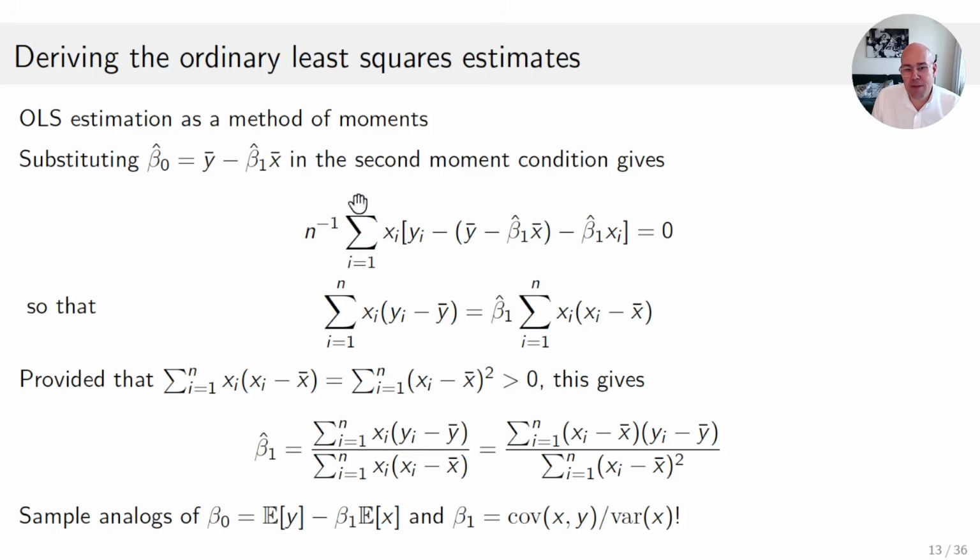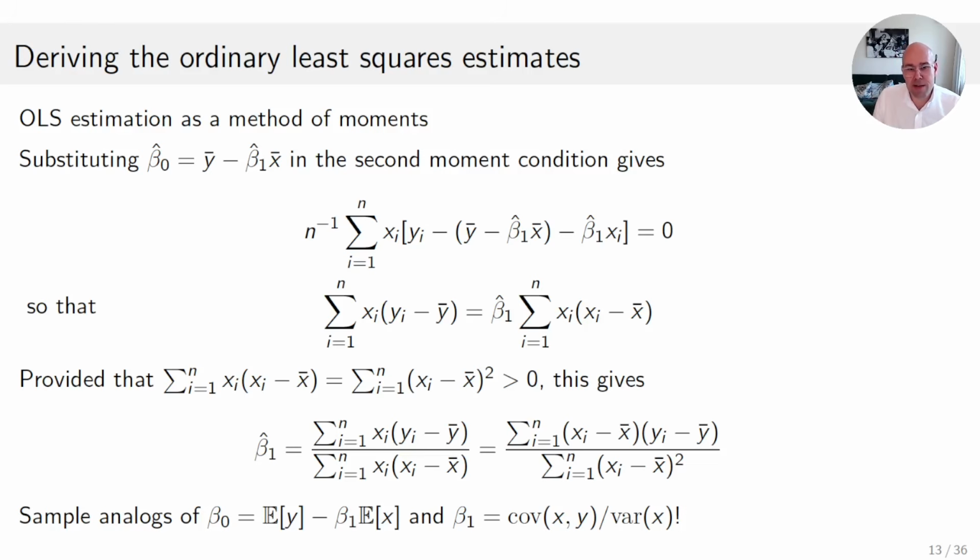So the average of that thing has to be equal to 0. That comes from my moment condition. So I can just reorder things. But before we do that, what you see here is, of course, that the beta naught hat has disappeared. So I have now one equation in one unknown, which is beta 1 hat. So all I need to do is solve for beta 1 hat.